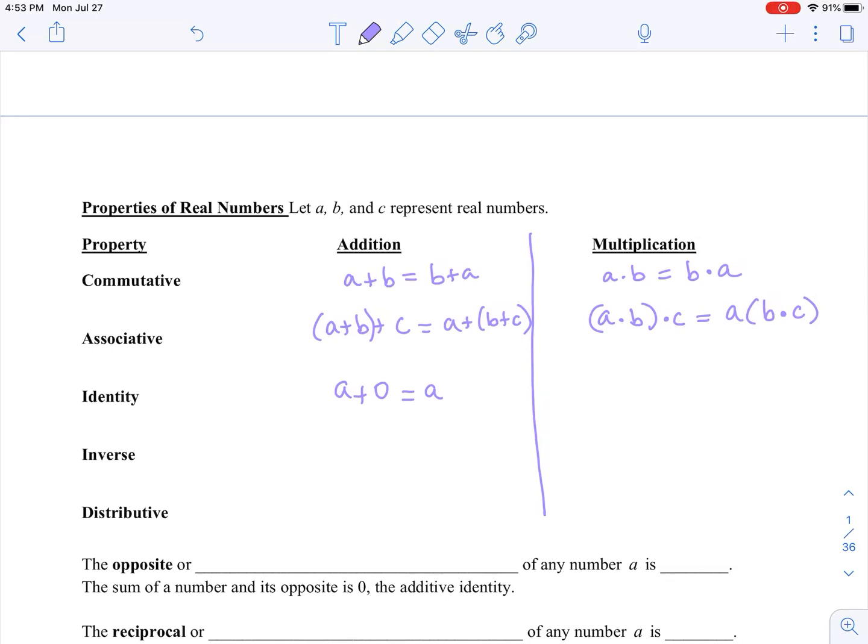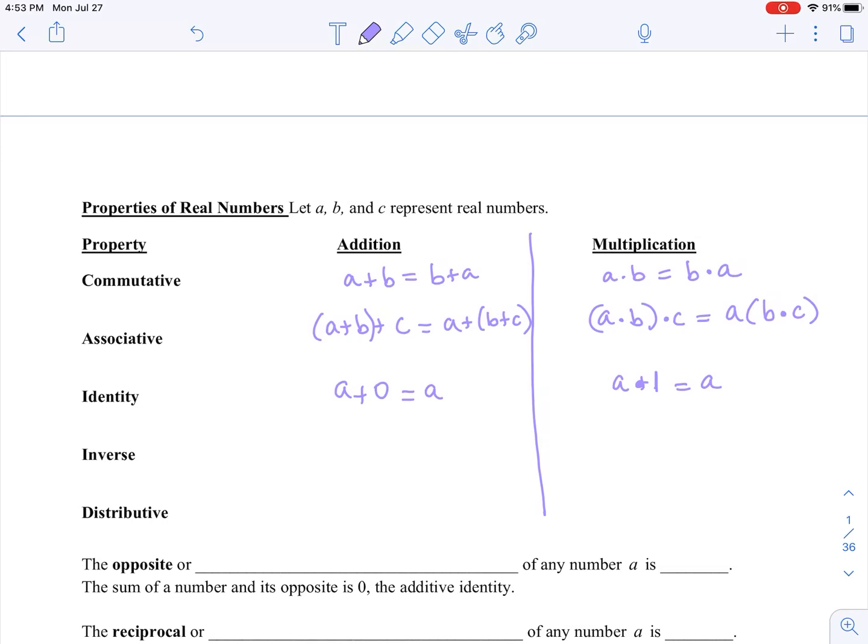So the identity property simply says if you add 0 to a number, you don't change the number in any way, you still get the original number. Now ask yourself for multiplication, A times what number would leave the identity still at A? And that would be times 1. So with addition, it's adding 0, versus with multiplication, it's times 1.